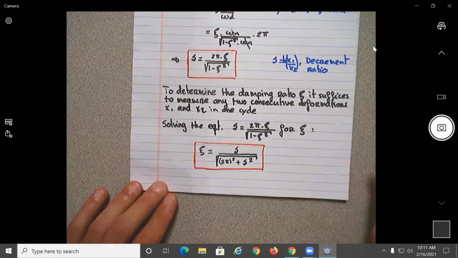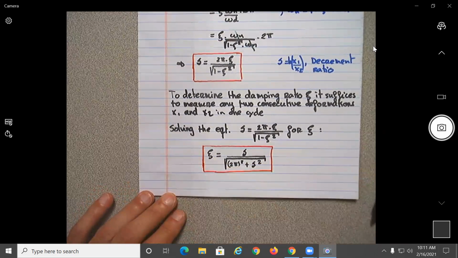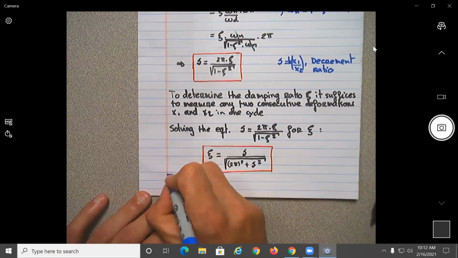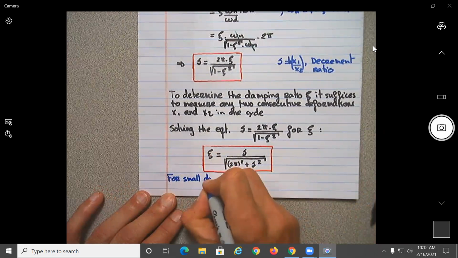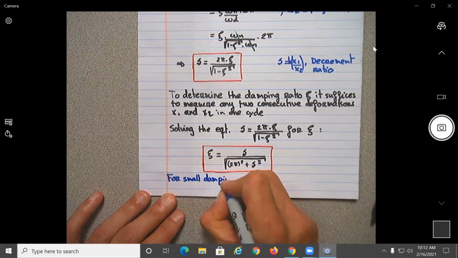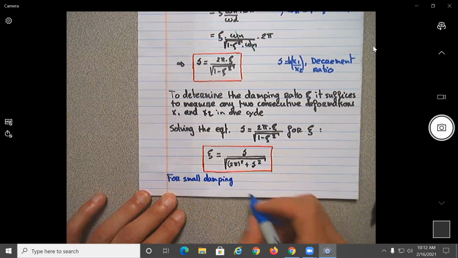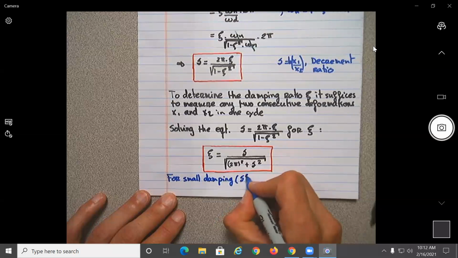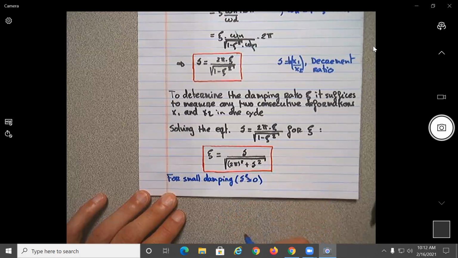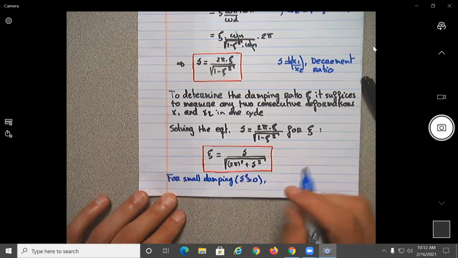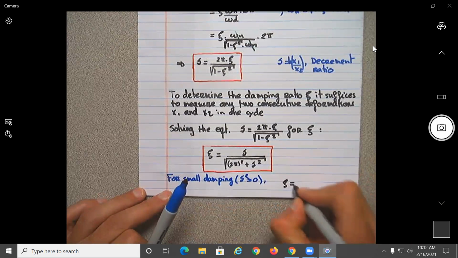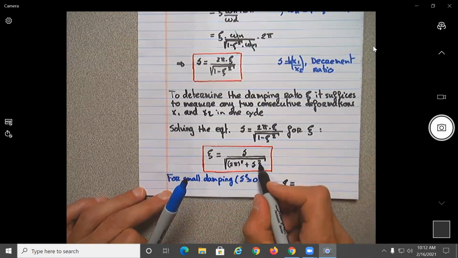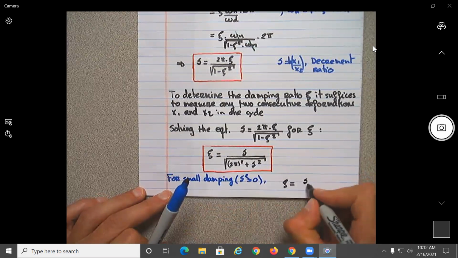Now, for small damping, what happens if you have something small and you square something small? It basically goes to zero. So for small damping, this equation simplifies to delta over 2 pi, where this will be basically zero, and this will be just the deformation.